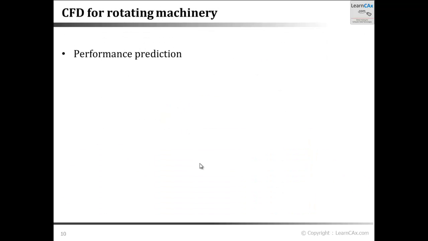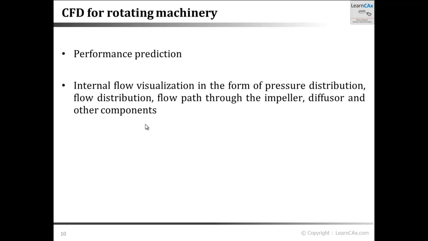What information can CFD give for rotating machinery analysis? It can give you performance prediction of an existing design, wherein you can have pressure drop versus flow rate curves, all the performance curves, NPSHR data for pumps, and many such analyses for different types of turbomachineries. We can have an internal flow visualization in the form of pressure distribution, flow path through impeller, diffuser, and various other components that form part of a turbomachinery equipment.